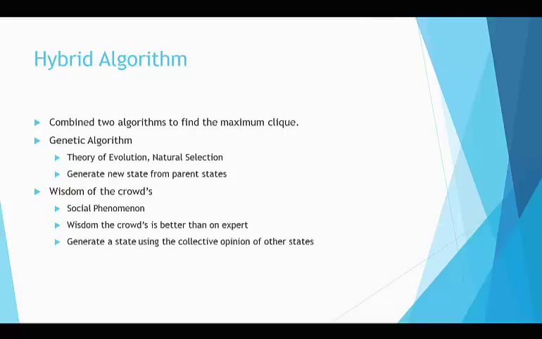For example, the first place this was observed was at a county fair where a crowd was used to try and guess the weight of a cow, I believe. One expert opinion was taken, and his guess was a lot farther away than the collective opinion of the entire crowd. This has many applications in many other fields, so we're going to use it here as well.